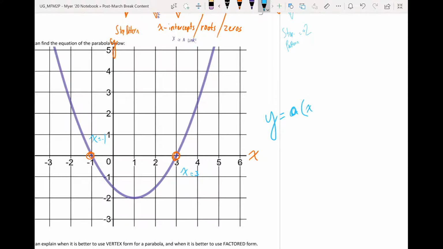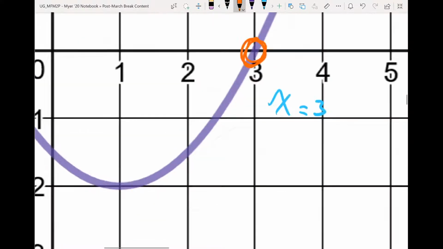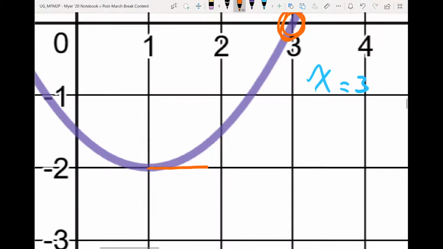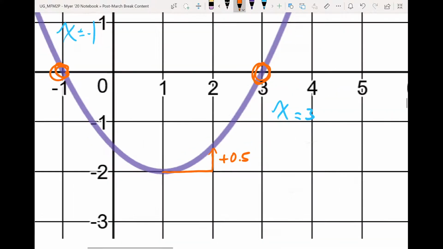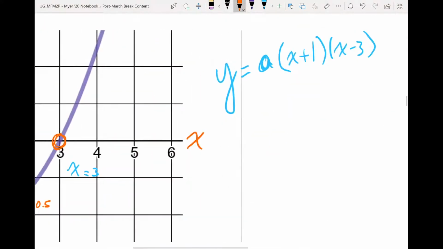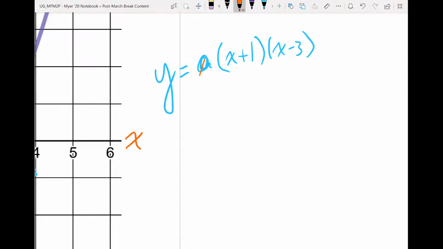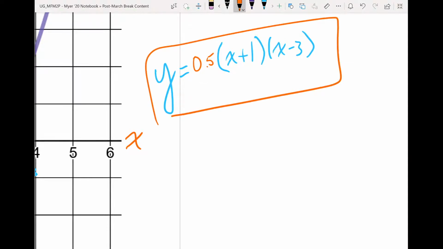And it was x minus 1, so it's x plus 1 here. And the other one was x plus 3, so it's x minus 3, like that. And if we look at our a value, we can determine it again: over 1, up half. So our step pattern is half. So the a value is actually 0.5. And that's the equation of our line.